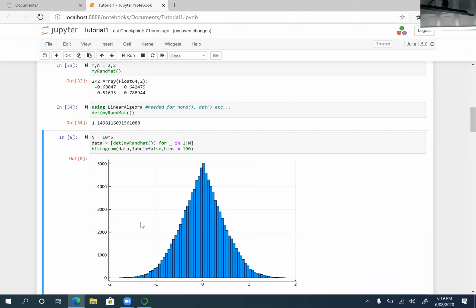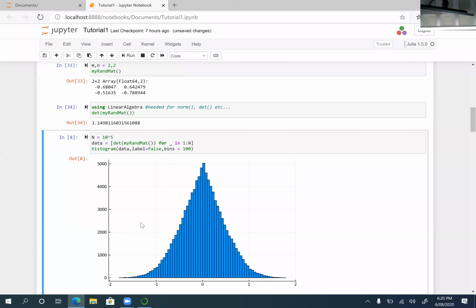Okay, next, we are going to construct a histogram containing the determinants of a whole collection of random 2x2 matrices. So we generate an array called data, and what's in that are determinants of 2x2 matrices, and we're iterating as j goes from 1 to uppercase N, and that is 10 to the 5th.